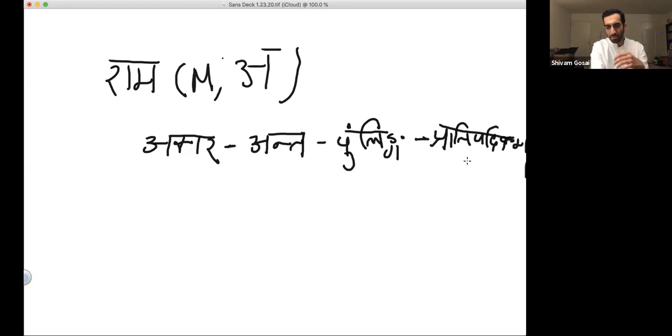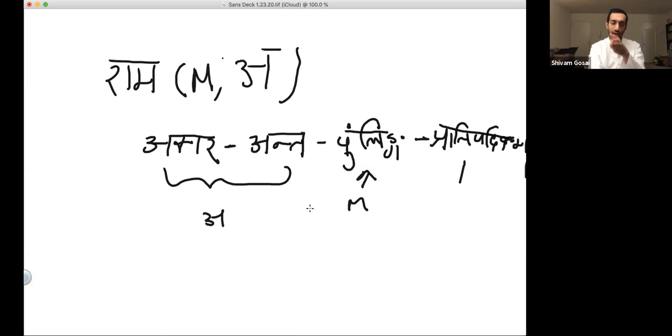Okay, so pratipadika, which is masculine, and it is ending with a. Anta means ending with, akara means a. So if I want to say Rama, I'll say akaranta punlinga pratipadikam.